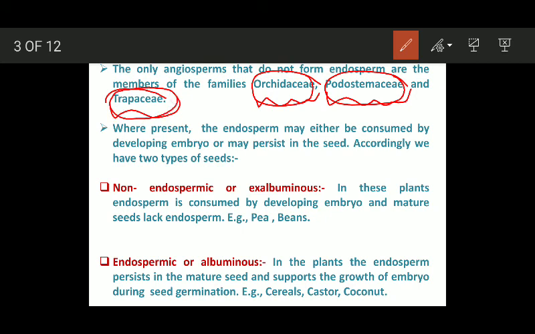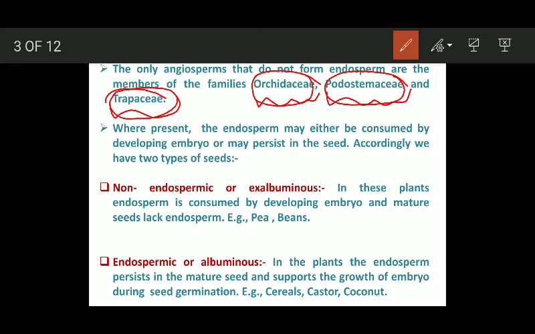Now, in the majority of angiosperms, the endosperm forms, depending upon whether the endosperm is consumed by the developing embryo or whether the endosperm persists in the mature seed. Accordingly, we have 2 types of seeds.